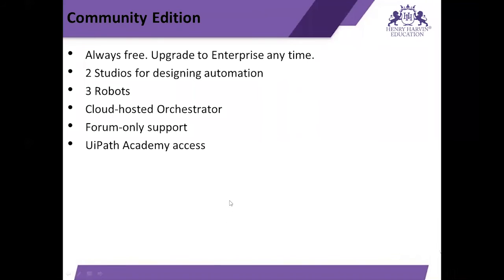You can upgrade it to enterprise anytime. You will get 2 studios for designing automation. It will provide you 3 robots, cloud hosted Orchestrator only, forum-only support, and you will get access to UiPath Academy. So these are the features which you will get once you install Community Edition.